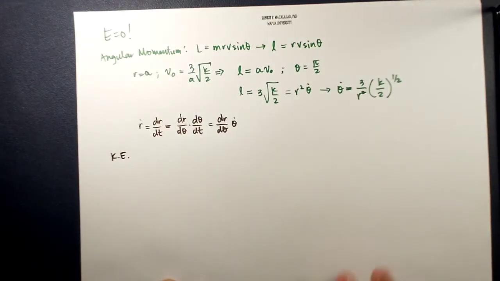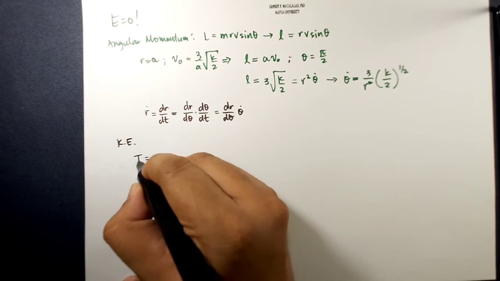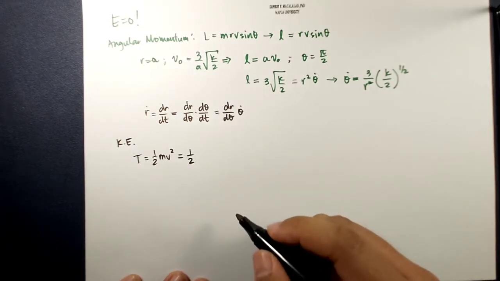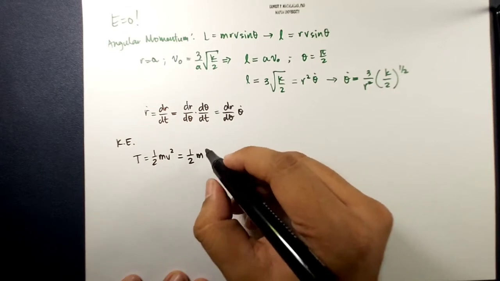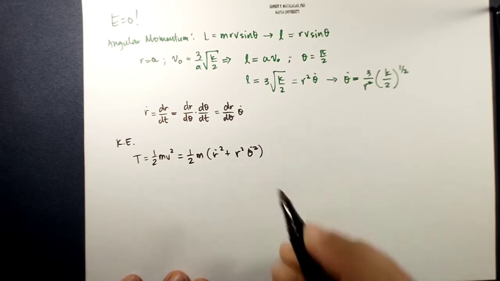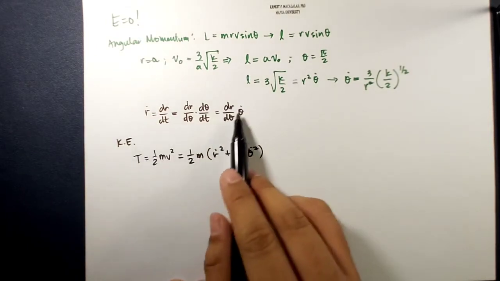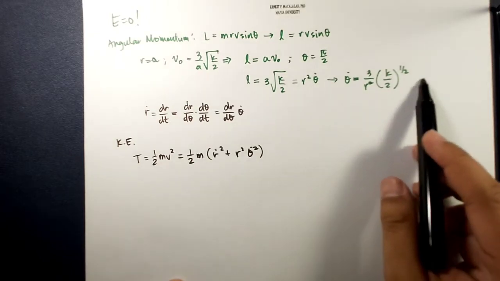Okay, so this allows us to express a general expression for the kinetic energy T, which is equal to 1/2 m v squared. We already know that v squared is equal to r dot squared plus r squared theta dot squared. So this is 1/2 m times r dot squared plus r squared theta dot squared. Okay, so we know that m is equal to 1, r dot is equal to this, and r squared theta dot squared is equal to the square of this.